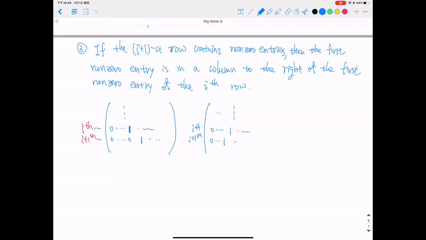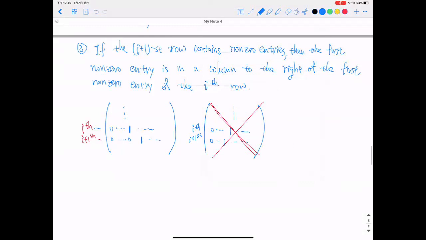Okay, this is not allowed. All right. So we'll see some examples of this later on. But let's continue with the definitions.